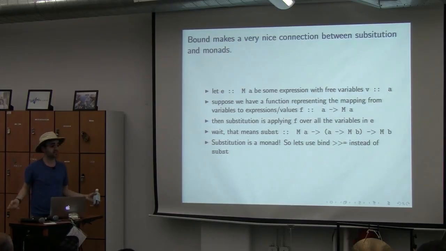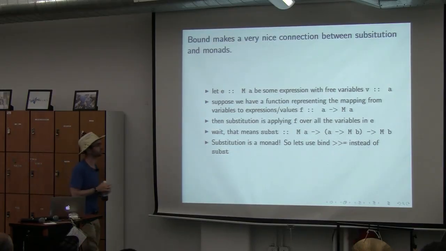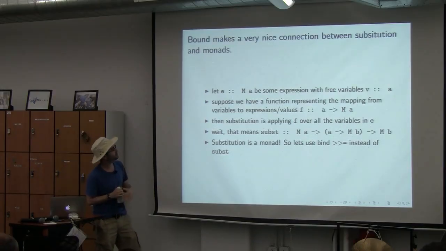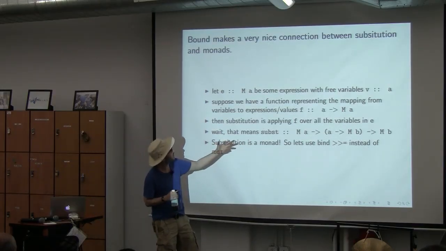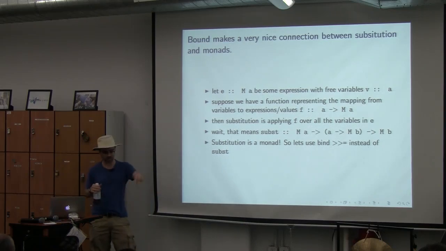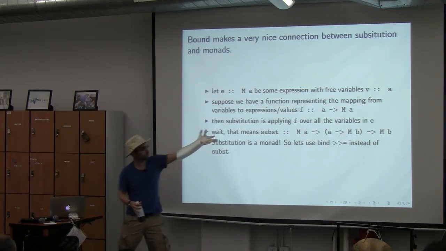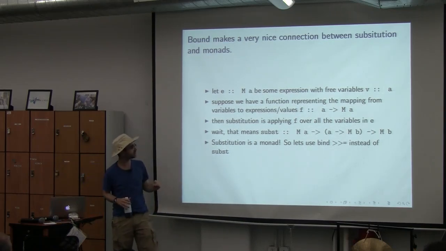That's a mapping from variables to some sort of value or concrete language expression. Likewise, when we are traversing the data, doing a substitution, we're applying that function all over.